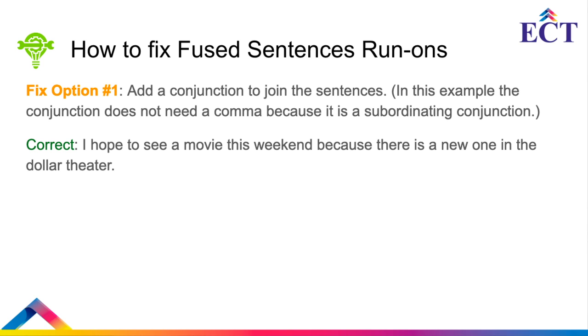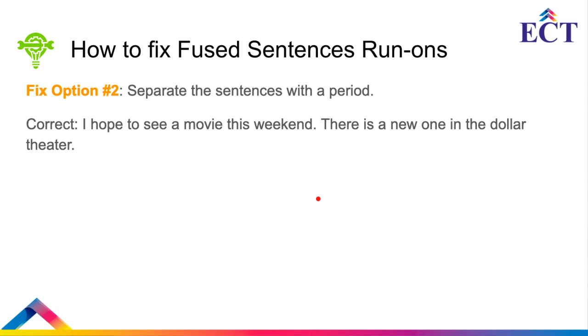If you take a subordinating conjunction, then there is no comma. Now, as can definitely be used. Then there is a new movie in the Dollar Theatre, so I hope to see it this weekend. Yes, that can also be done. I hope to watch a movie this weekend since there is a new one. There are many ways of saying this.